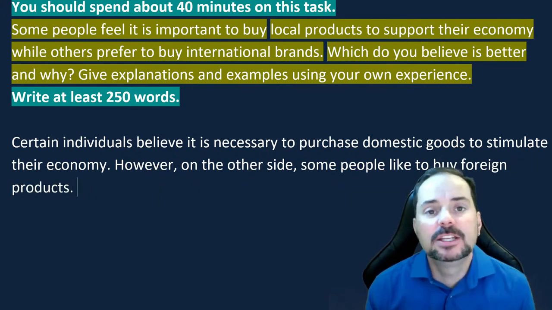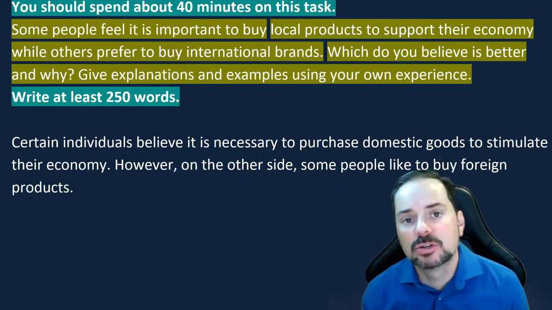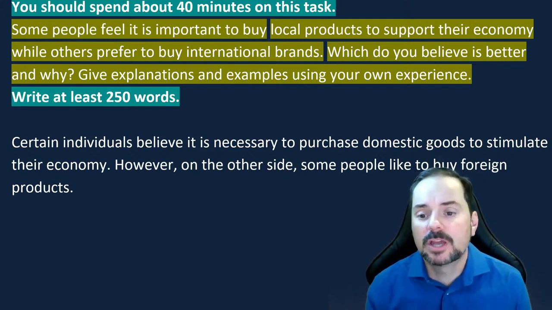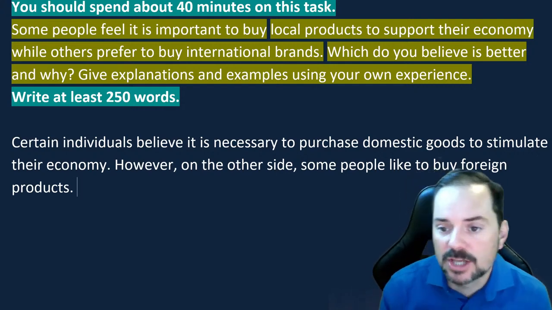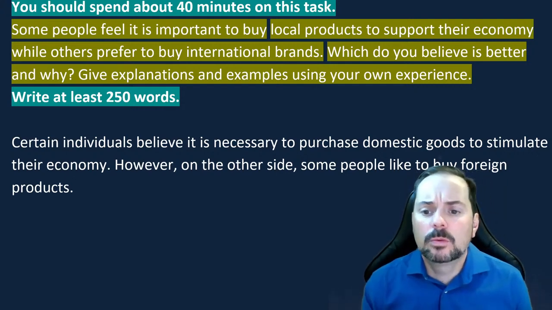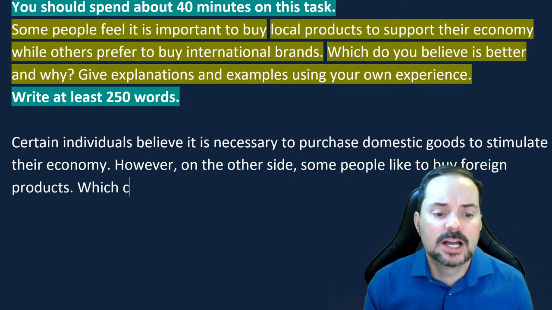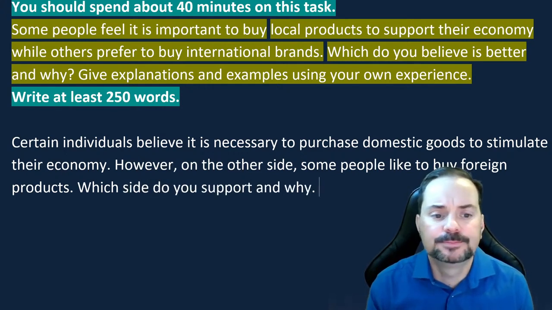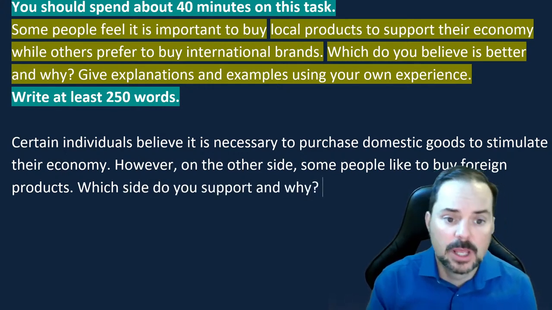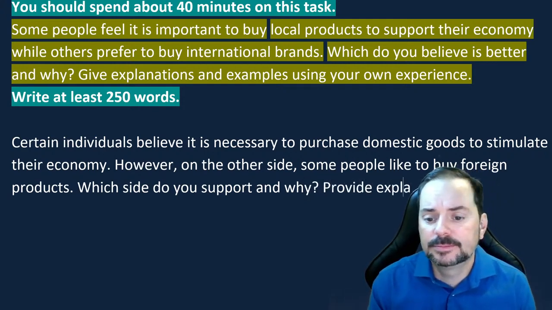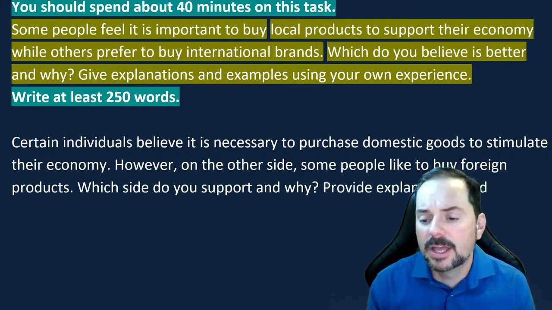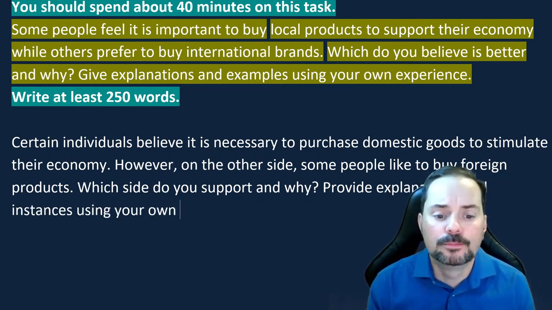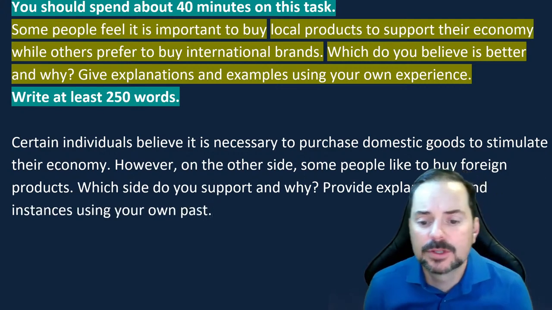Okay, so finding different ways to say local products or international brands, foreign products for international, domestic goods, okay, or imported goods would be a good one for international as well. Which do you believe is better? Which side do you support and why? Provide explanations and instances using your own past. Okay, so there we go.